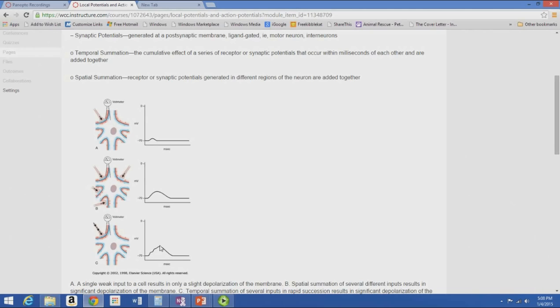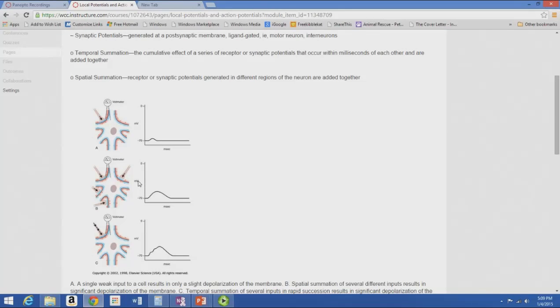It depolarizes the cell a lot more than it did in that letter A, that little blip. Okay, so that's temporal summation. A series of receptor or synaptic potentials that occur within milliseconds of each other add up and create more depolarization in that local area.